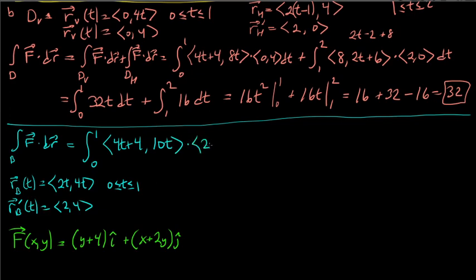And then the dot product with 2 and 4, this is the dr part, right? So let's just do the dot product. It's going to be (4t plus 4) times 2, which is 8t plus 8, plus 10t times 4, which is 40t, dt.